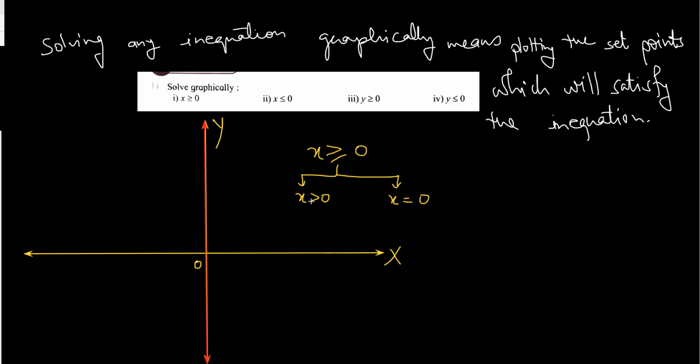What more? And x greater than 0. Which side is x greater than 0, my dear students? It is the right side. All these points have x greater than 0.